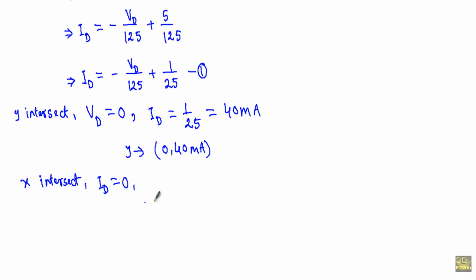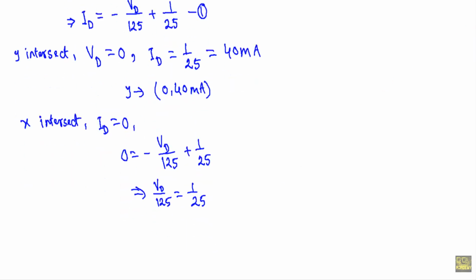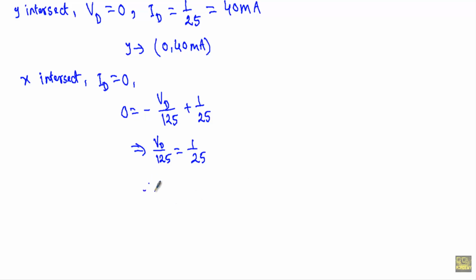If I set ID equal to 0 from equation number 1, I will get 0 equal to minus VD divided by 125 plus 1 by 25, from which I can write VD divided by 125 equal to 1 by 25, from which I can show that our VD will be equal to 5 volt.